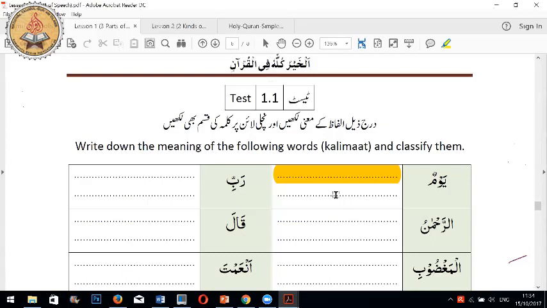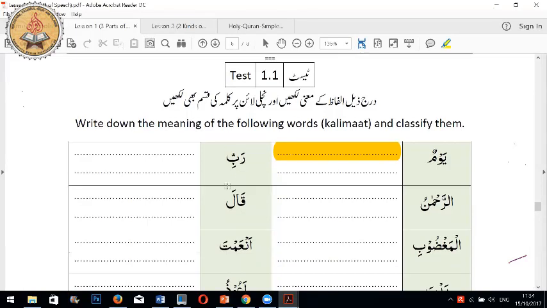A particle, harf, is that word which can be understood only when it is attached to a noun or a fi'l. So in this case it is quite independent. It must be considered a noun, yawmun.